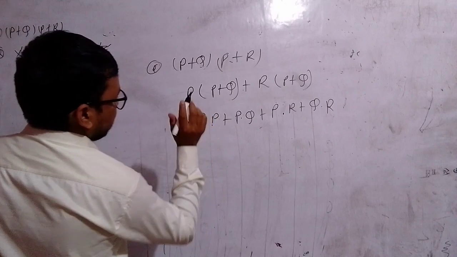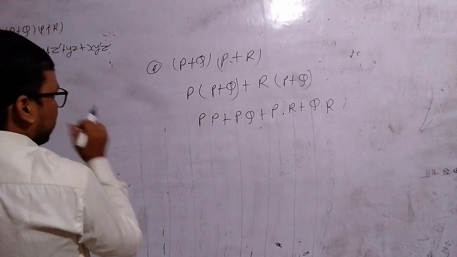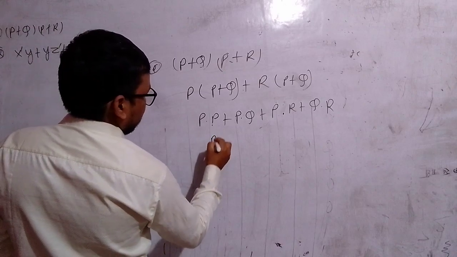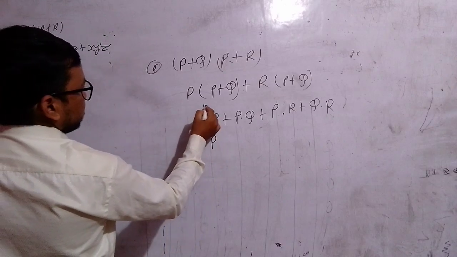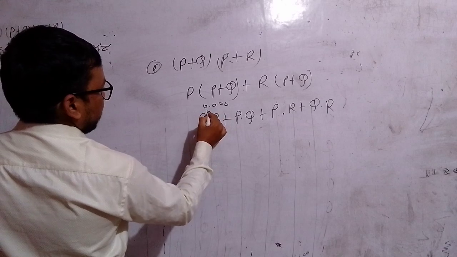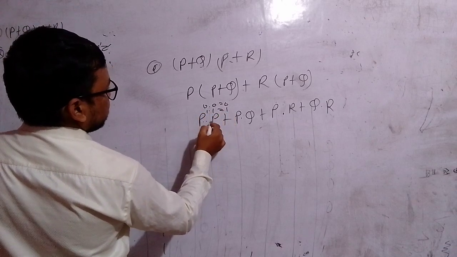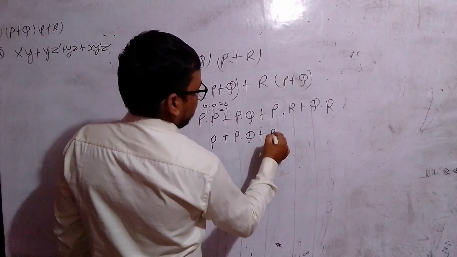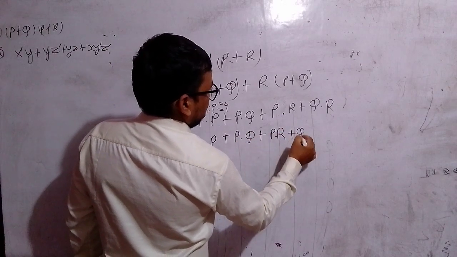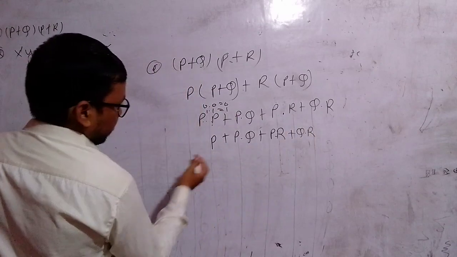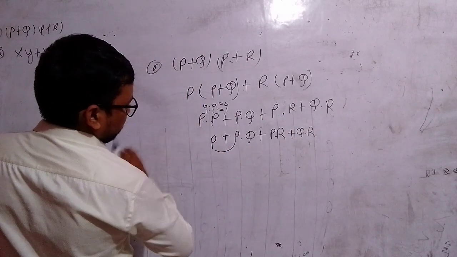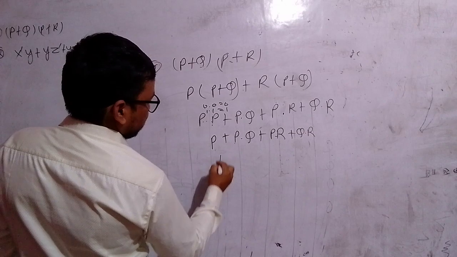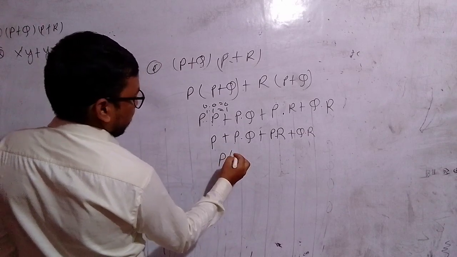P dot P produces P, a single P. That means 0 and 0 gives 0, 1 and 1 gives 1. So P dot P produces P only. Then P dot Q plus P dot R plus Q dot R. Now if we take P common from here, what remains here? 1.